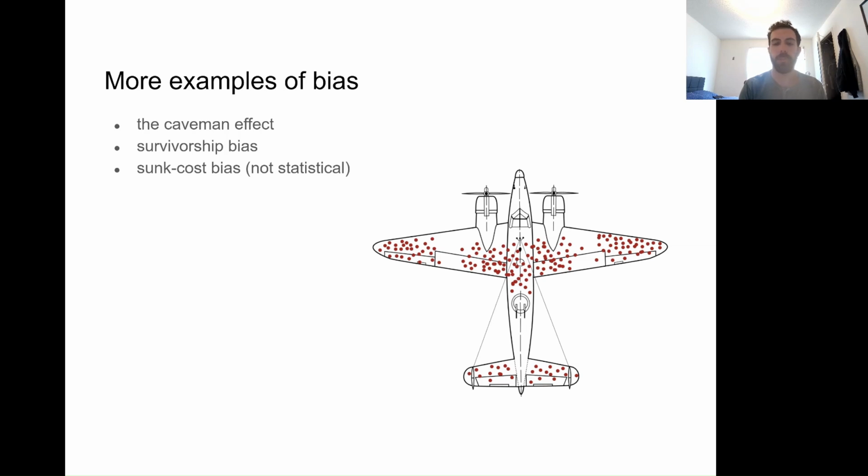They said, look, here's a bunch of planes that have come back from war with damage, and they plotted all of the damage as you see in this image. What can we do to improve the durability of these planes? And I want you to think what sort of bias might be an issue. I think that the word that I'm introducing here, survivorship, is a big hint. So I want you to think about that for a minute, and then I'll let you know.